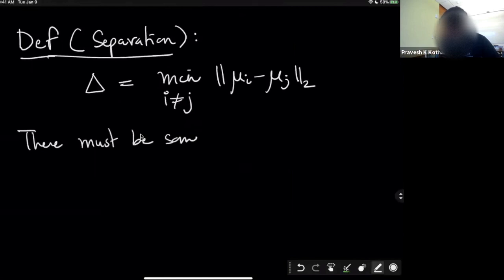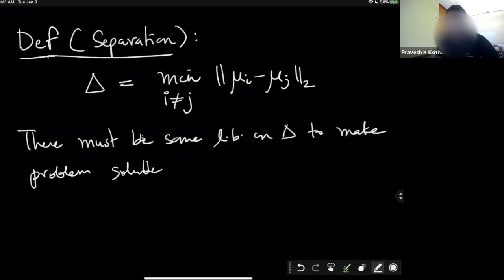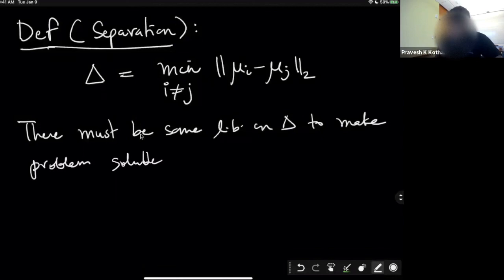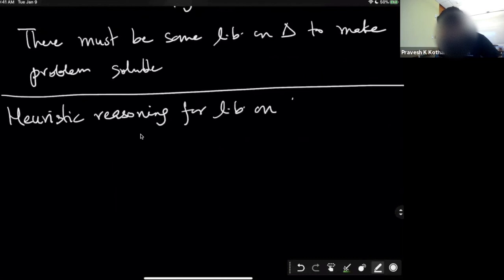Let's do some very heuristic reasoning to see what that lower bound should be. Let's call this part heuristic reasoning for the required lower bound on delta.